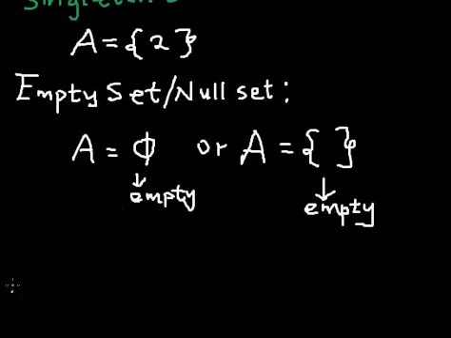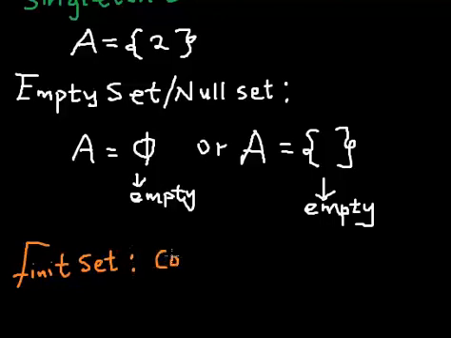We're still going to look at another term, called a finite set. Now, a set is said to be finite if the elements are actually countable, as the name implies.